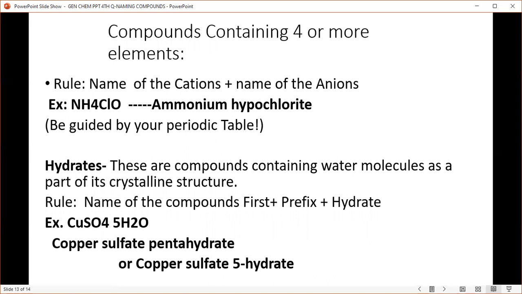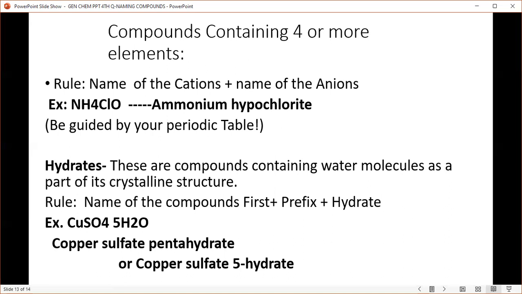The rule in naming compounds containing 4 or more elements: name the cation first and then name the anion. It's the same as the previous class. For example, we have NH4ClO. If you can't identify it yourself, just go back to your periodic table of elements.